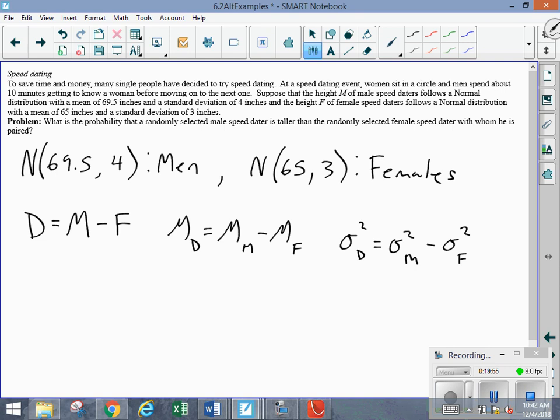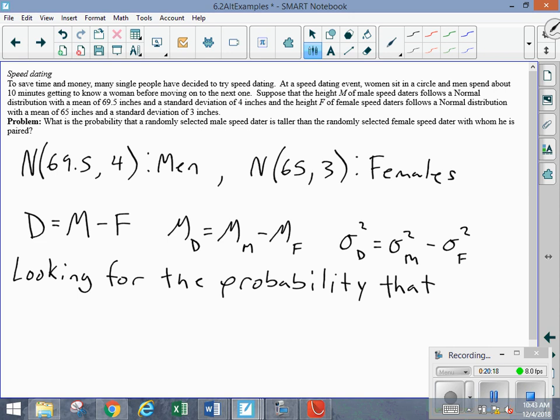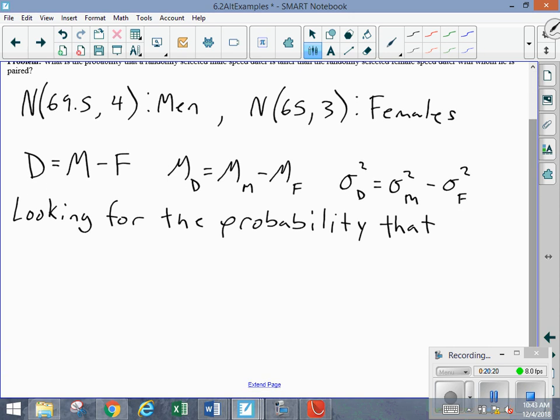In other words, the difference of their heights is going to be greater than 0. So we're looking for the probability that the difference of heights is greater than 0. I'm actually going to write that down.